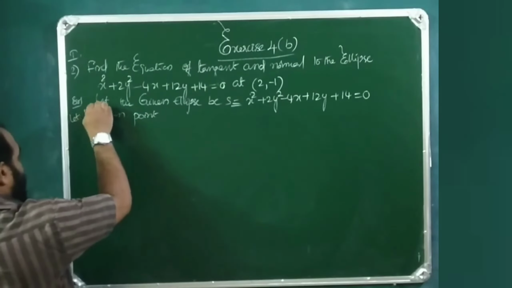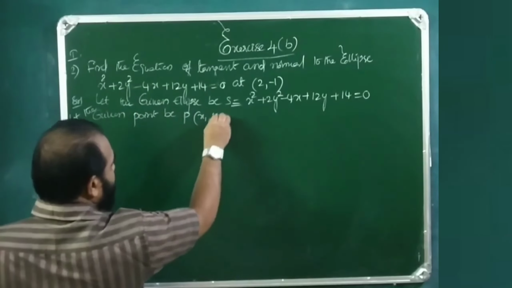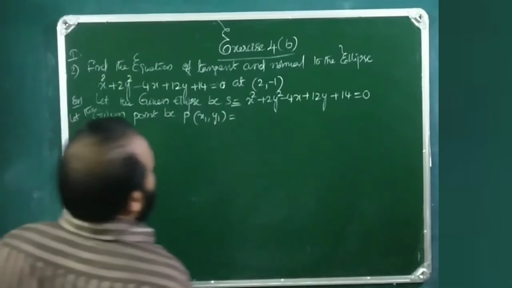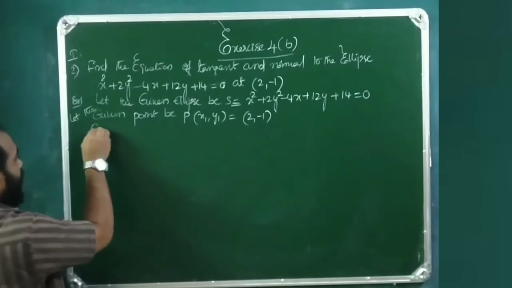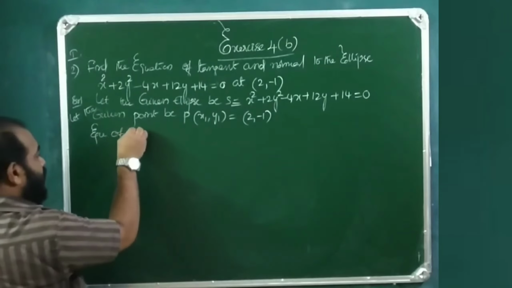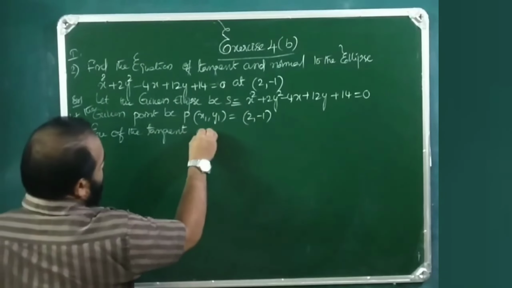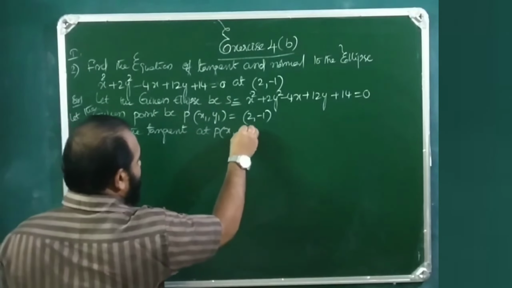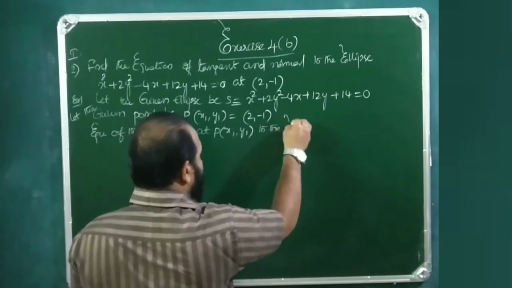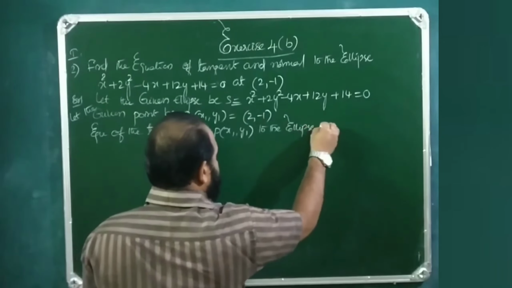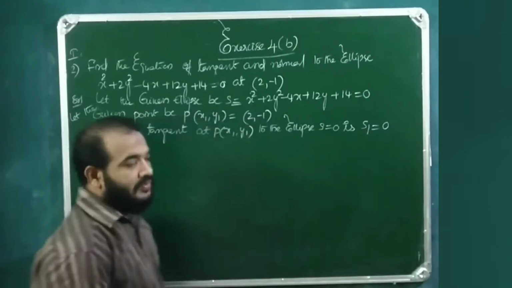Let the given point be P(x1, y1) equals (2, -1). So the equation of the tangent at P(x1, y1) to the ellipse S equals 0 is S1 equals 0.